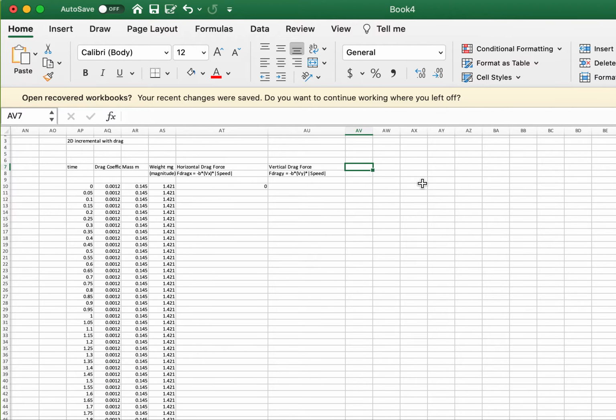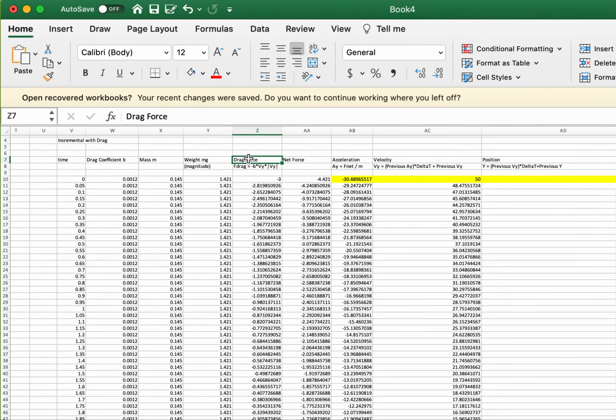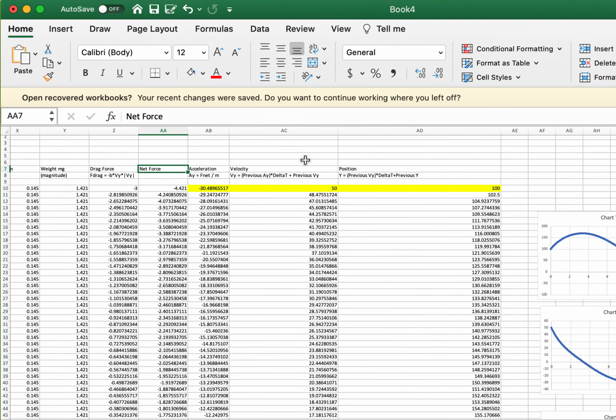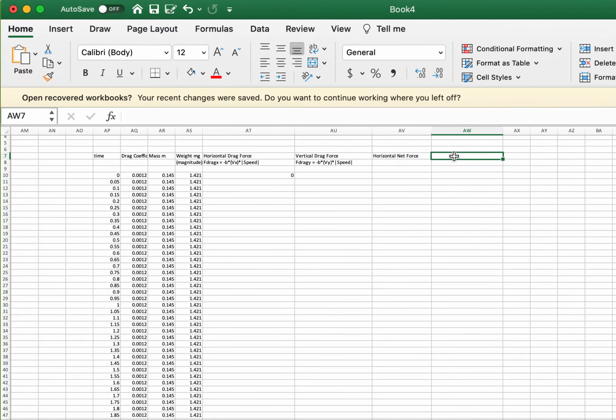We're going to need a column for Vx, but we also need other columns. See, I did a drag force column, but then I did a net force column. So horizontal net force and vertical net force. All right, so the horizontal will simply be the drag, same as that.